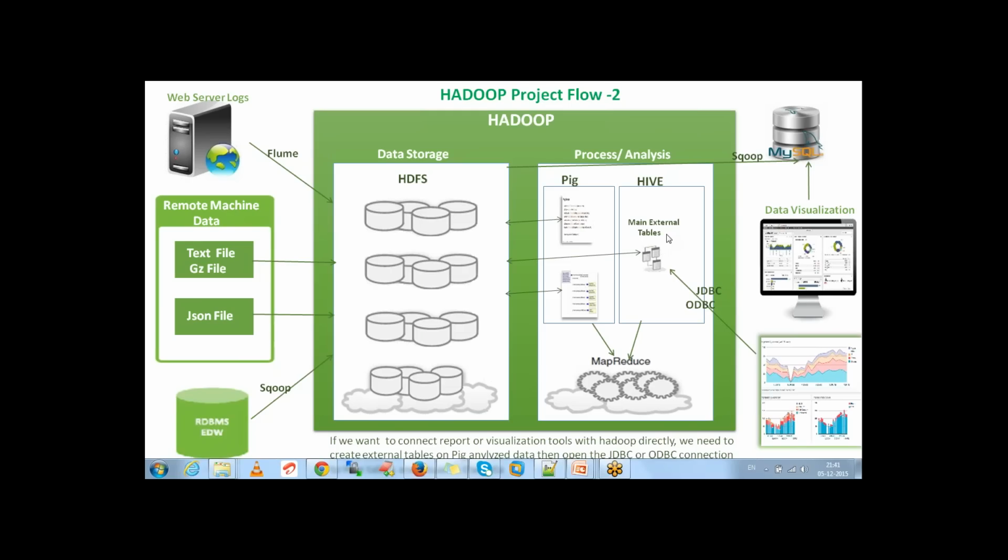Think about it logically: to make a JDBC or ODBC connection, we need some RDBMS database, and Pig doesn't have any metastore or RDBMS. If a metastore exists we can connect, but Pig doesn't have one. Hive does, so we can connect.